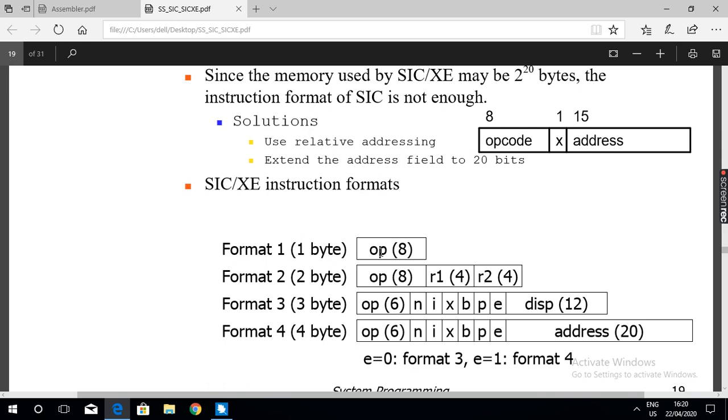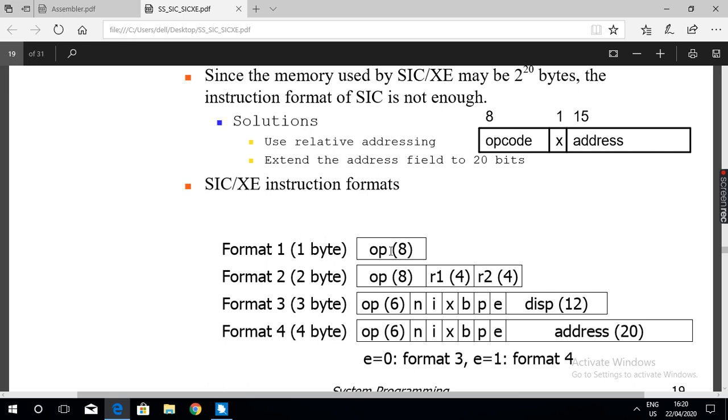Format 1 instructions are also called 1 byte instructions. They consist of only opcode and no operands. Example is RSUB, written from return from subroutine. So format 1 instructions have only opcodes and they do not have operands.